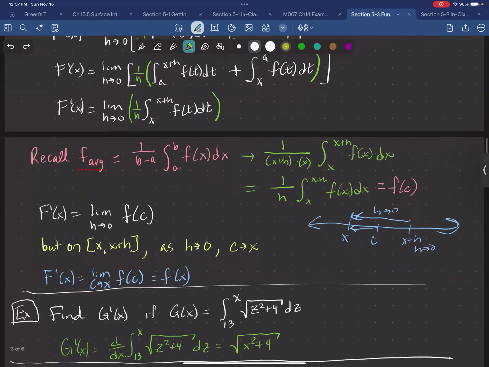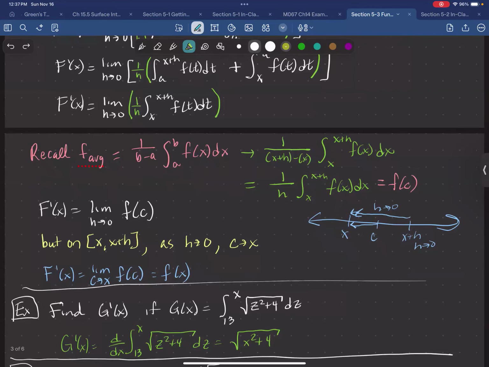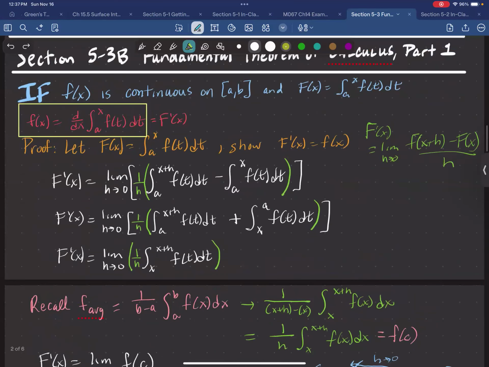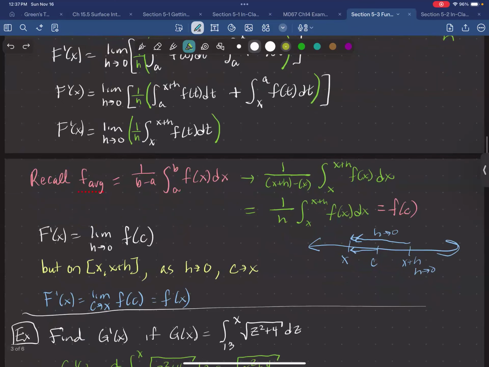To take g prime of x, we use the fundamental theorem of calculus part 1. Just like up here with t, x just gets put in for the variable of integration, which is z.